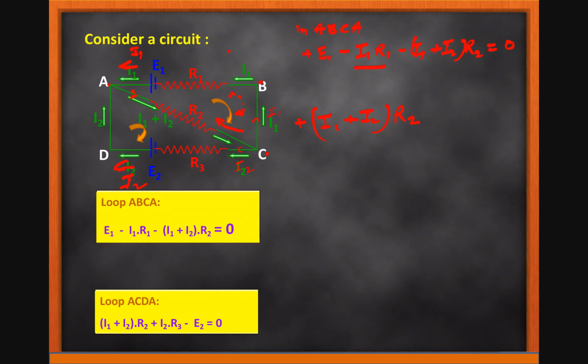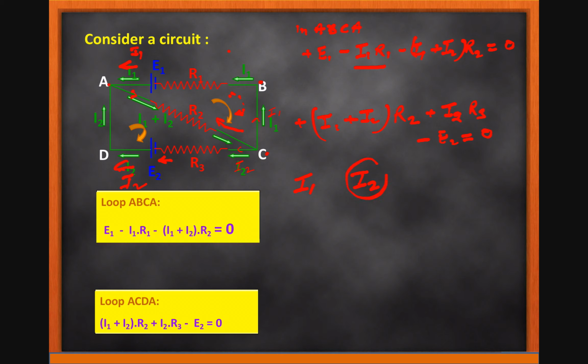Second, the potential difference across R3 is I2 R3, taken as positive, and here the negative terminal comes first, so minus E2 is equal to 0. So these are two equations for these two loops, and by these loop equations we can calculate I1 and I2.